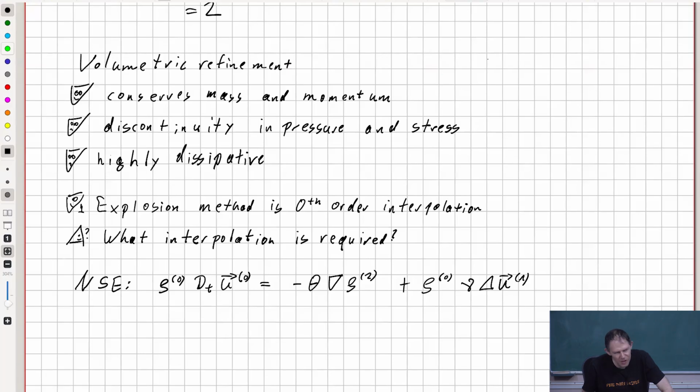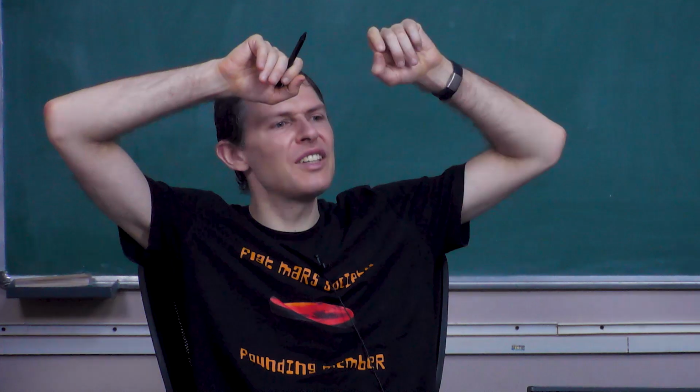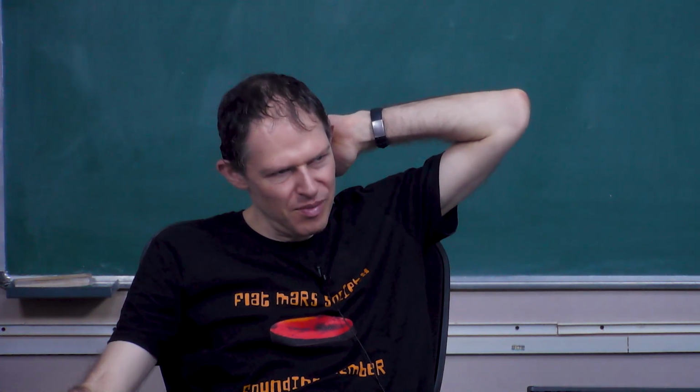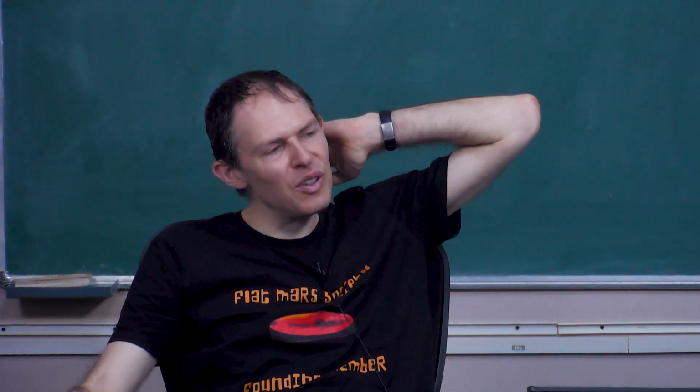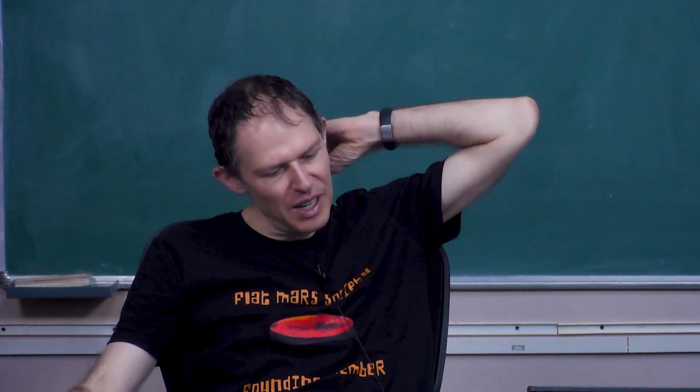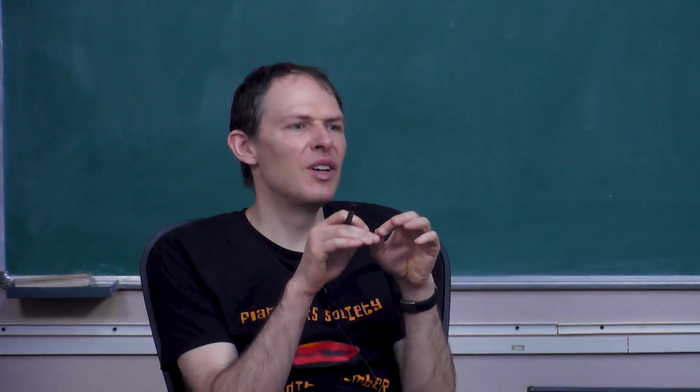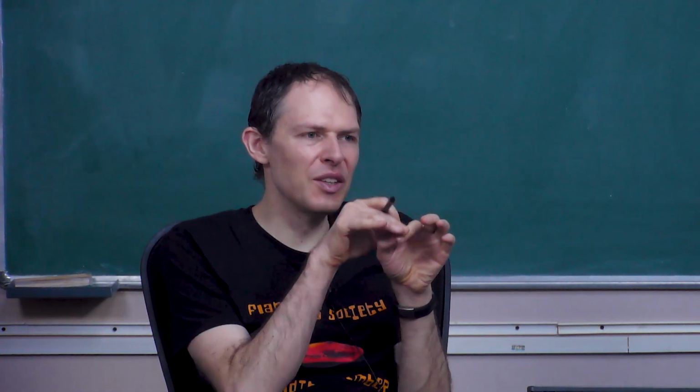So this is what you see in the Navier-Stokes equation, which you're hopefully familiar with. Now, what sort of interpolation, what sort of approximation of our results do we need in order to actually evaluate these terms? If you think about it this way, if you do the explosion algorithms, then the nodes next to each other all have the same value.